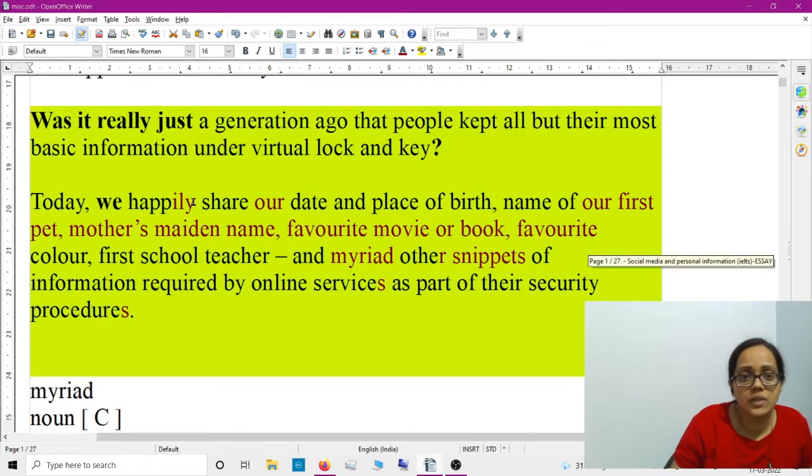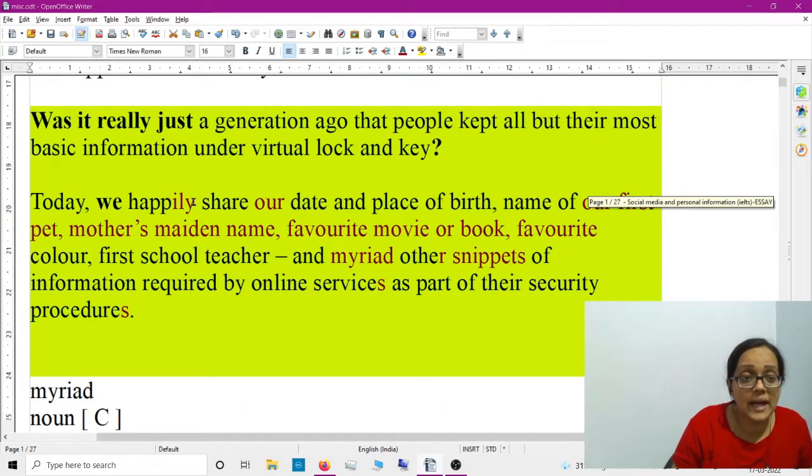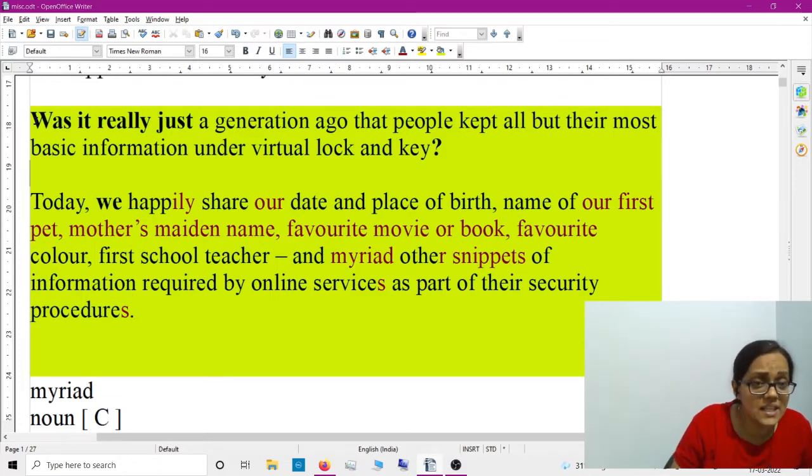It's also important, if possible, for higher bands, that you use questions also. Then here it is, in the question format. Was it really just a generation ago that people kept all but their most basic information under virtual lock and key?